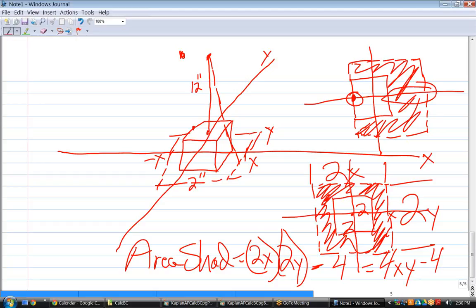Okay, so let's look at the angles here. Let's look at the first situation. I believe I can figure out the exact area of the shadow. Here's how I'm going to do it. The light is 12 inches away from the center of the top face.